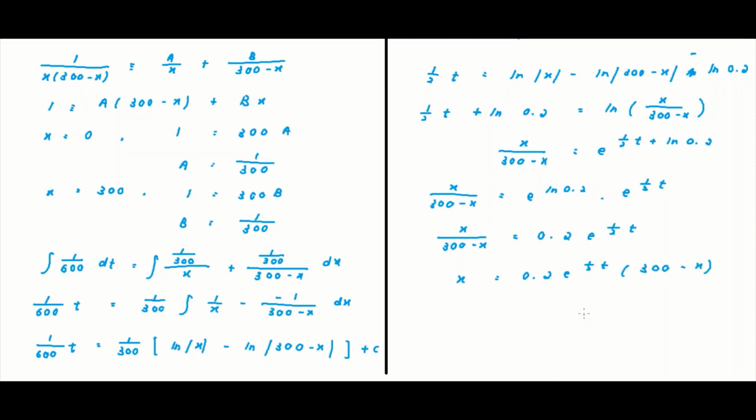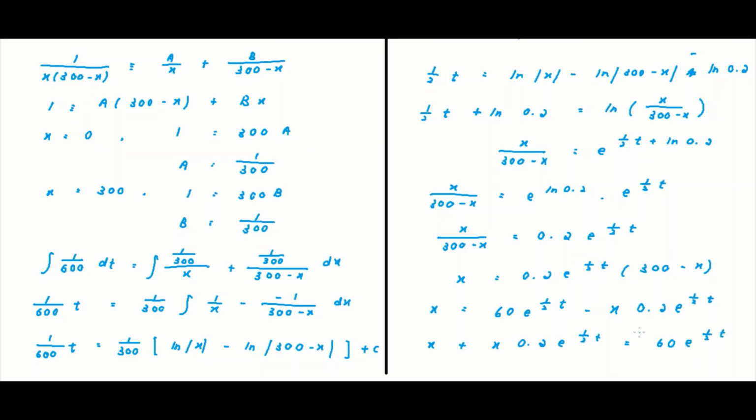Continue to expand and see where you might need to combine them together. So x equals to, when you times 0.2, this is how you get 60. 1 over 2t, and then minus x 0.2 1 over 2t. Then you need to move your x back again. So x plus x 0.2 1 over 2t equals to 60 1 over 2t.